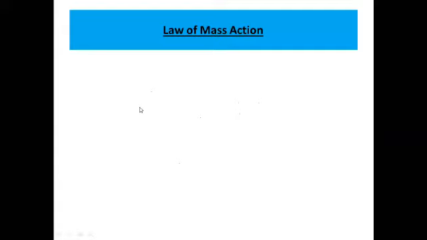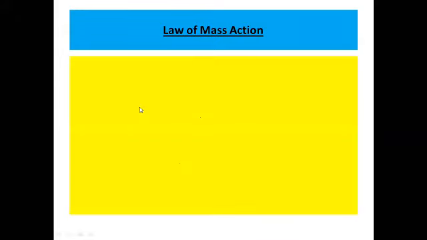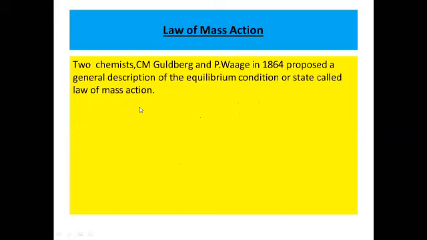Forward reaction from left to right and reverse reaction from right to left. Next topic, the very important topic of this chapter, is the law of mass action. Two chemists, C. M. Goldberg and P. Waage, in 1864 proposed a general description of the equilibrium condition or state: what the requirements of the equilibrium state are, that is, the reaction will remain in equilibrium if the following conditions are fulfilled.